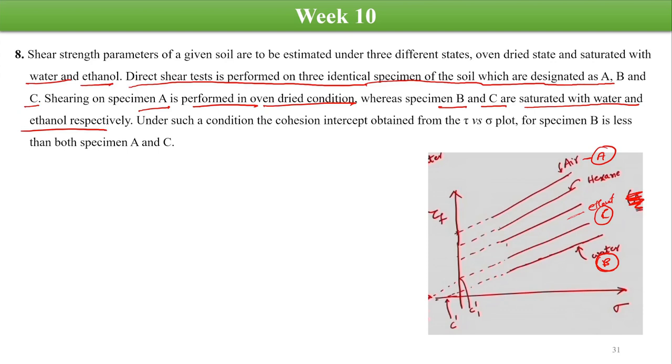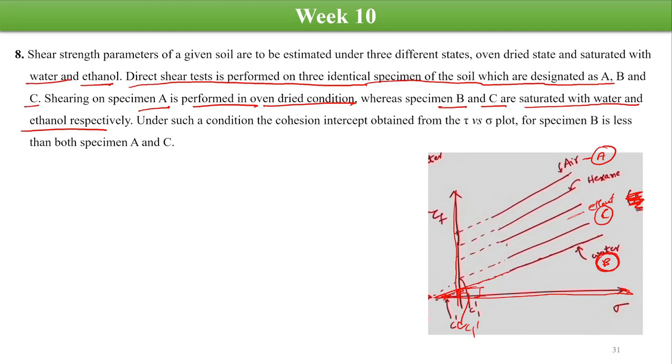Under such conditions, the cohesion intercept obtained from the tau versus sigma plot, so this is the tau versus sigma plot, and this is the cohesion intercept which we see here, for specimen B is less than both specimen A and C. As we see here, for specimen A the cohesion intercept is this much, and for specimen B the cohesion intercept is this.